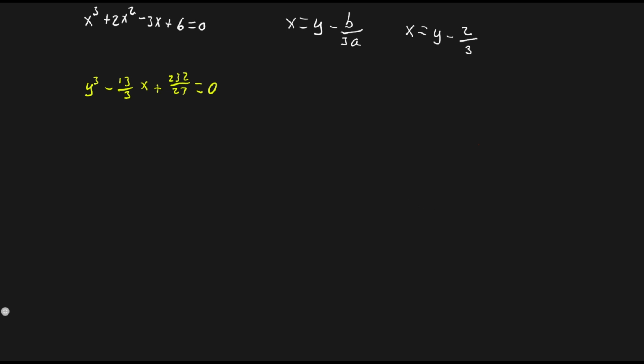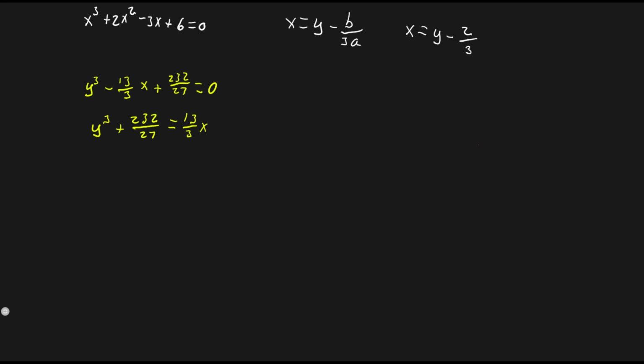And now I want to go ahead and find what x or y is now, so we could replace it for what is here and solve for x. So we want to move negative 13 over 3x to the right side again, to get 232 divided by 27 is equal to 13 over 3x.